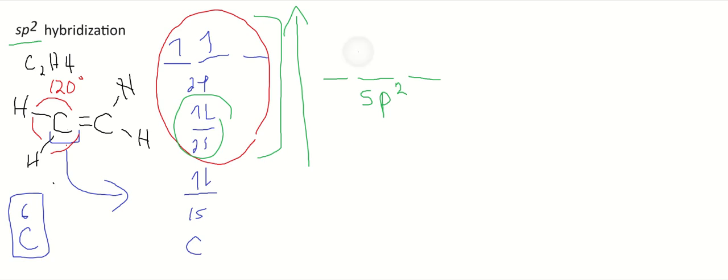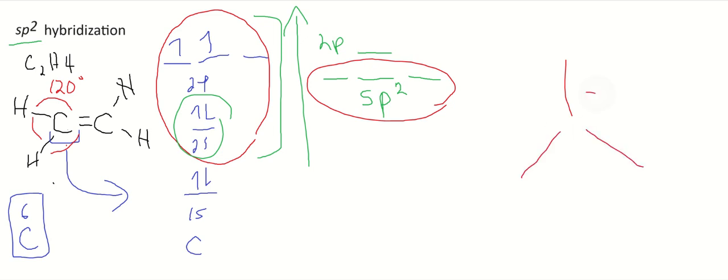Let's redraw that, and I'll label that 2p. So now we have 3 equal orbitals, and therefore we can make bond angles of 120, because now they're 3 equal, degenerate hybrid orbitals. That's what we need.